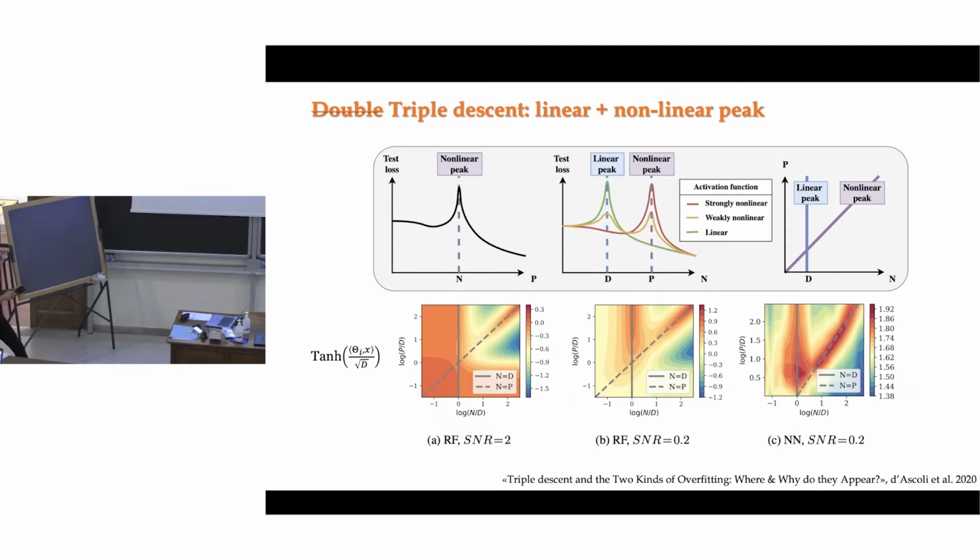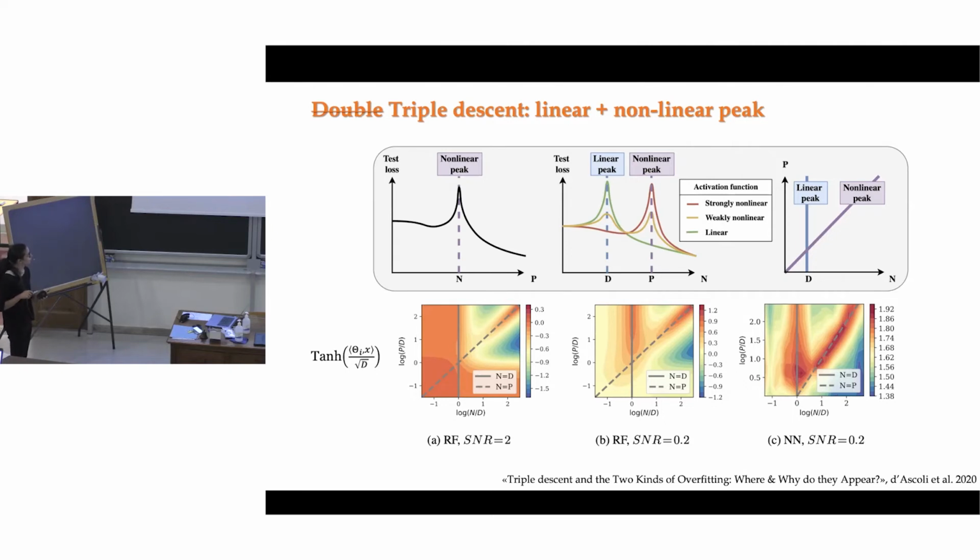In training random feature models, for instance, or super simple neural networks, you can actually end up seeing two peaks. And these two peaks, if you study them, you can identify as the linear peak, happening at number of samples equal to the number of input dimensions, and another peak happening at number of samples equal to the number of parameters of my model, or hidden layer parameters, whatever.